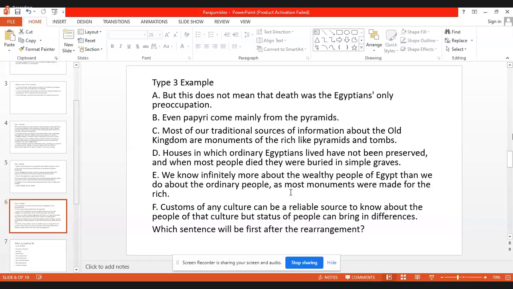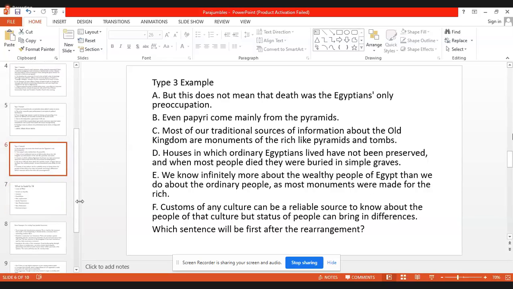If they ask you which is the third statement, you only have to work the solution till the third statement. You are not bothered about the fourth, fifth, and sixth statement. The moment you identify the first, the second, and the third, obviously you have to identify first and second to reach the third, you can straight mark the answer and not be bothered about the fourth, fifth, and sixth. So these are three types of parajumble questions that one usually gets in the competitive exam, students.